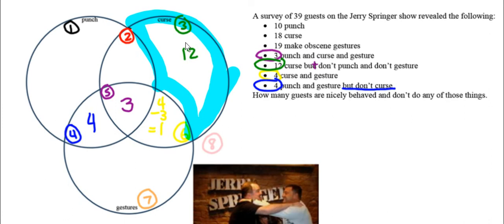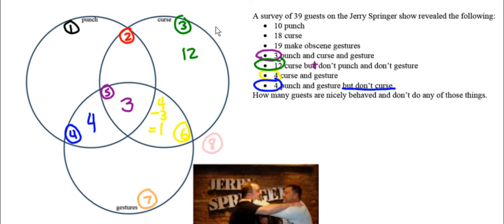So this is the curse, but you can't come into the punch circle and you can't come into the gesture circle. So because it's curse but don't punch and don't gesture, the 12 is just section 3. So the reading of the question, or of these sections, is so important.